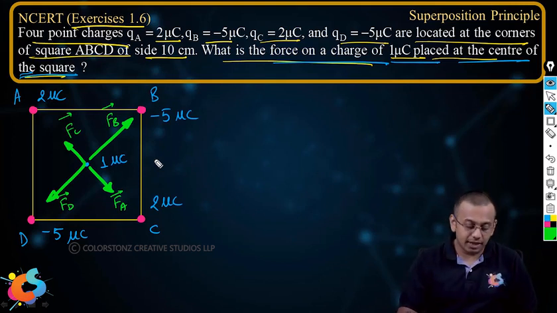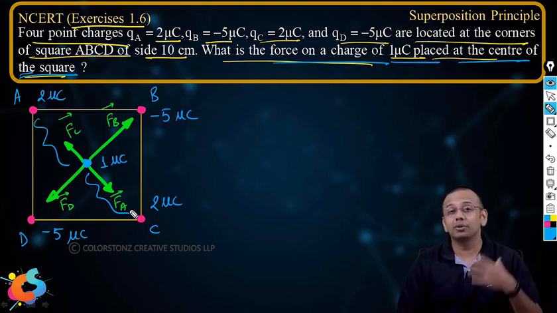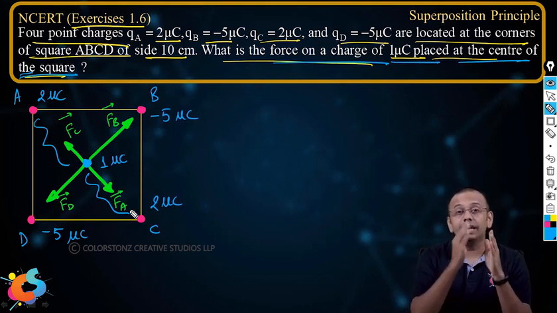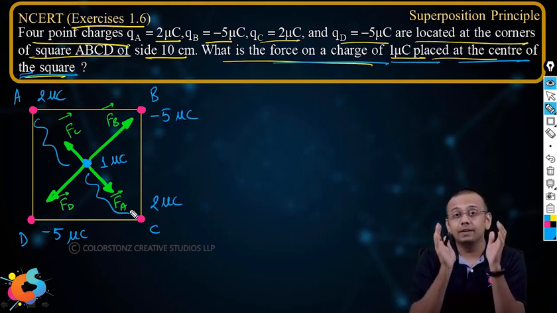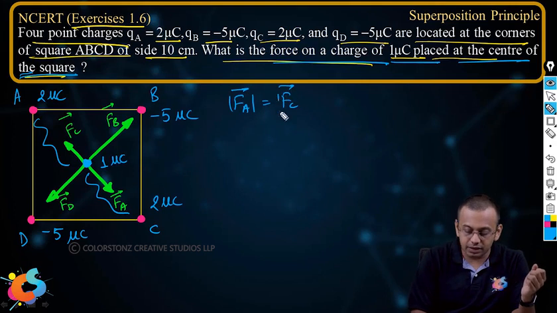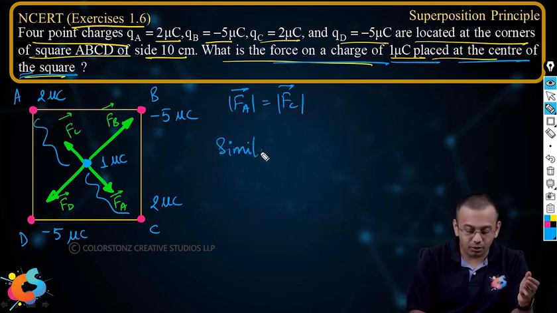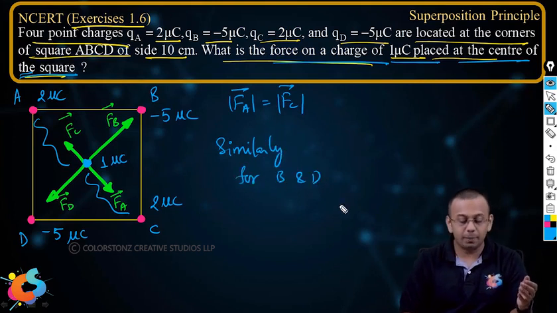You need to observe that here we have 2 microcoulomb, 2 microcoulomb. This charge is at the center and therefore this distance and this distance are going to be the same. So K Q1 Q2 by R square, the force is going to be the same. Force due to A and force due to C have same magnitude. Similarly for B and D also.